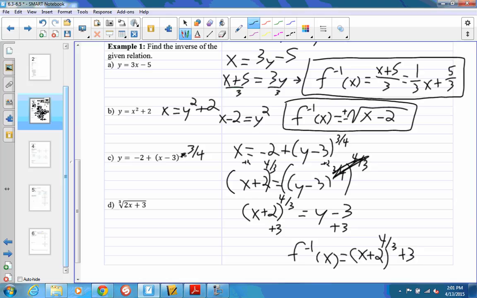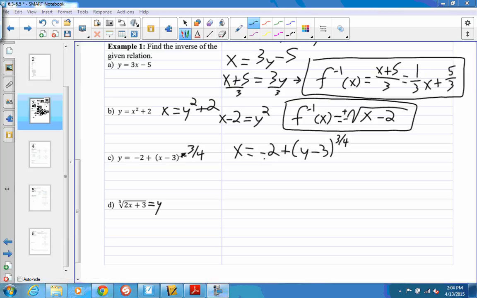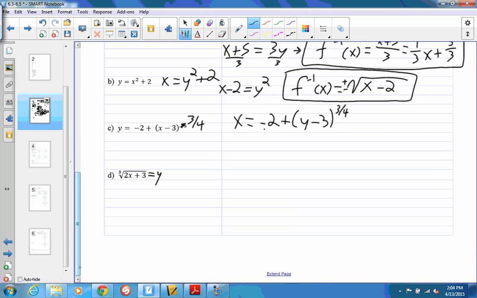You just want to find my inverse. All right, guys. First step, switch x and y. So x equals the cubic root of 2y plus 3.